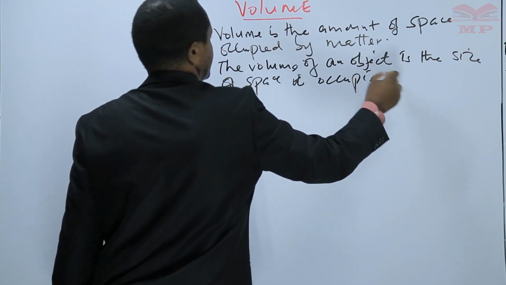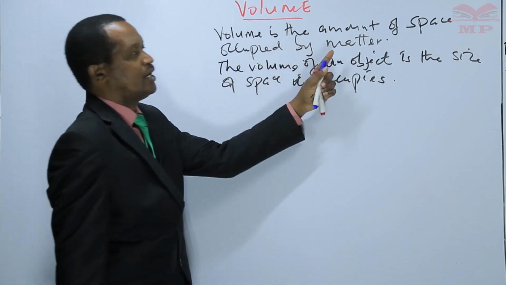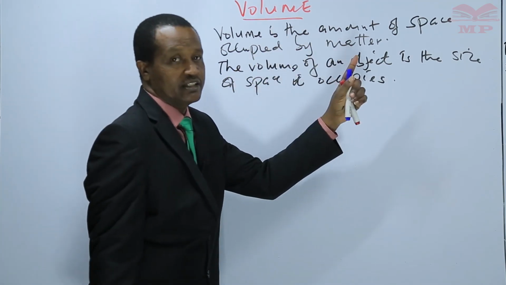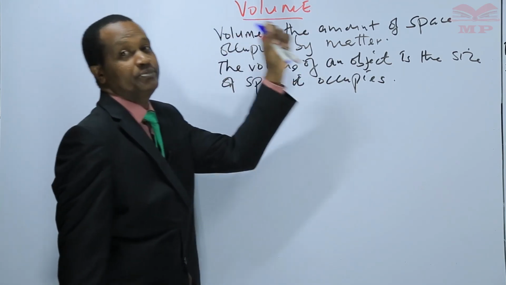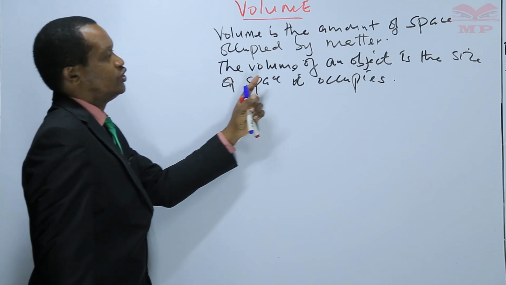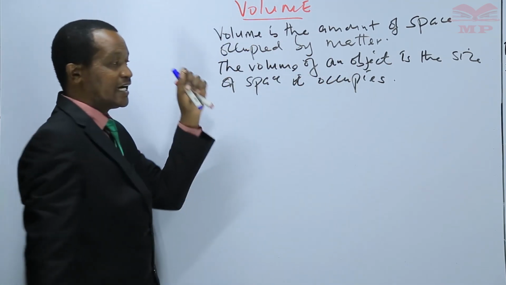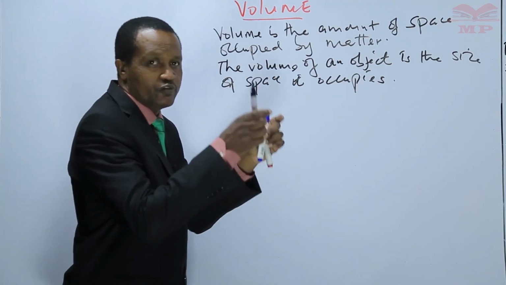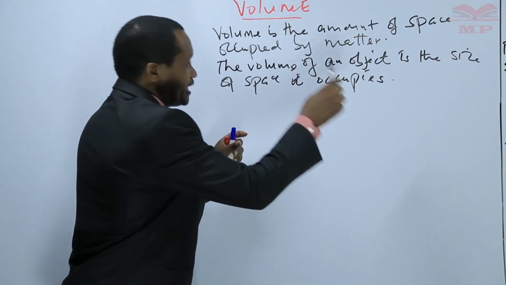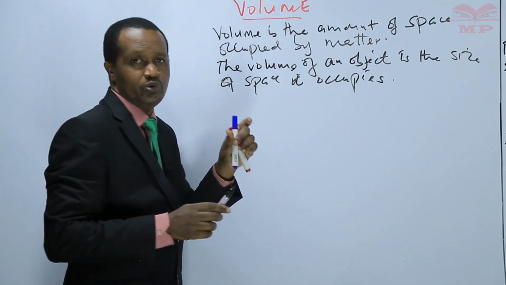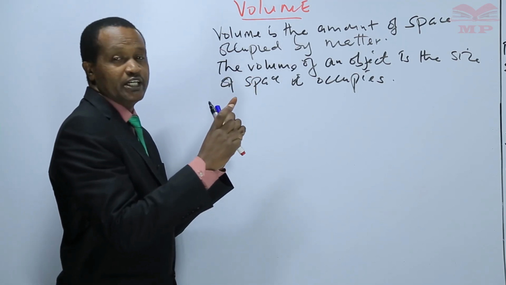Volume is the amount of space occupied by matter, an object, or a substance. When you say size of space, then it is measurable. The volume of an object can be measured.